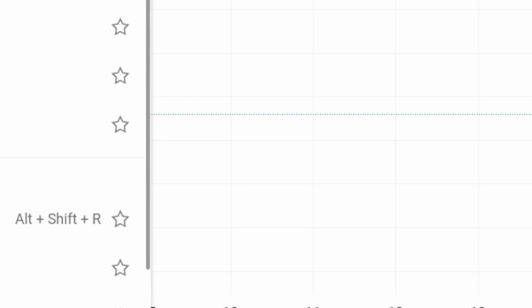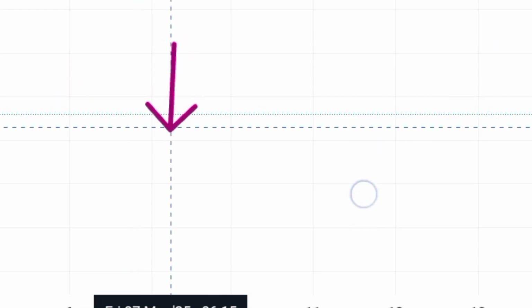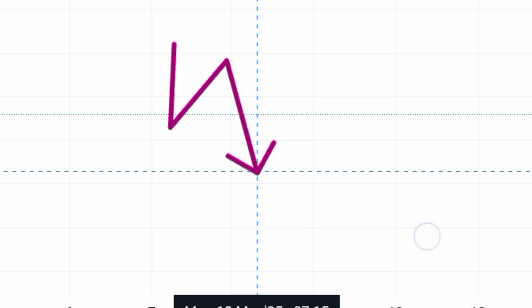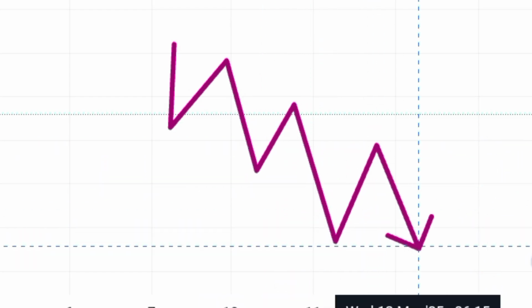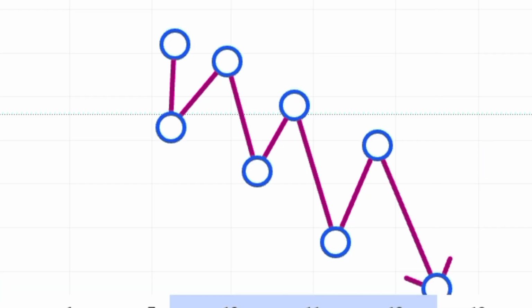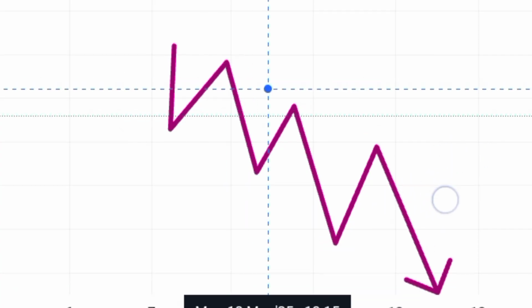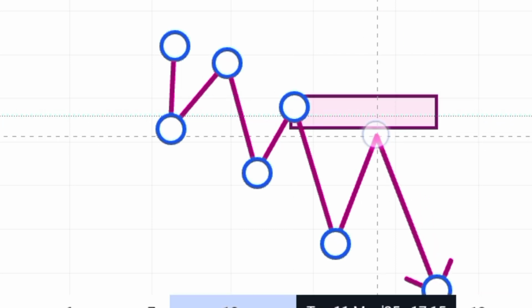Another structure we are going to be looking at will be something like this, and that will be for a sell trade. Simple structure breaks to the downside. So what we are going to be looking at is, if this market pulls back into this zone, we can take our trade to the downside.